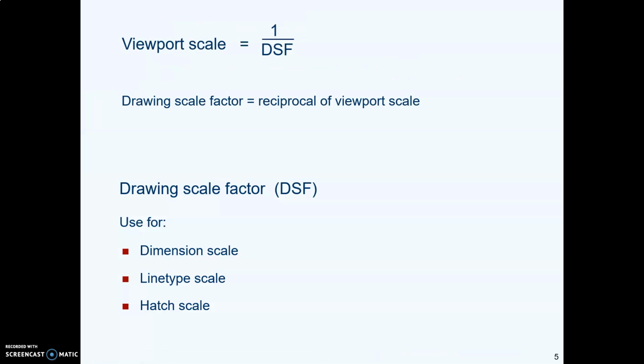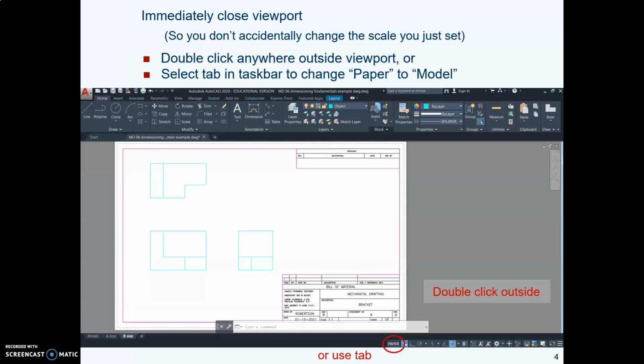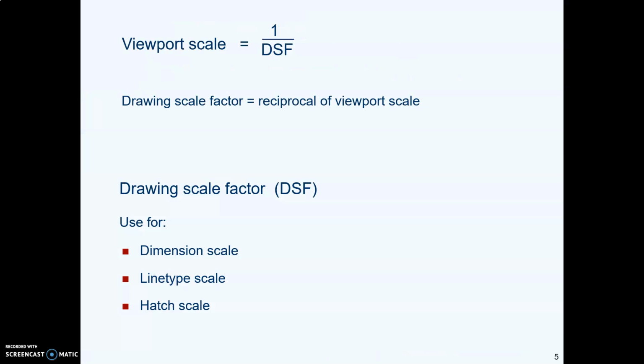Okay. Now for scaling, that scale that you set, and in our drawing here we were setting it to a scale of 1 to 1, but sometimes you set it at 1 to 2 or 1 to 4.